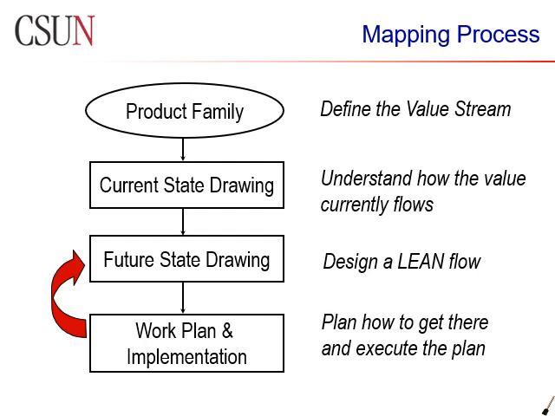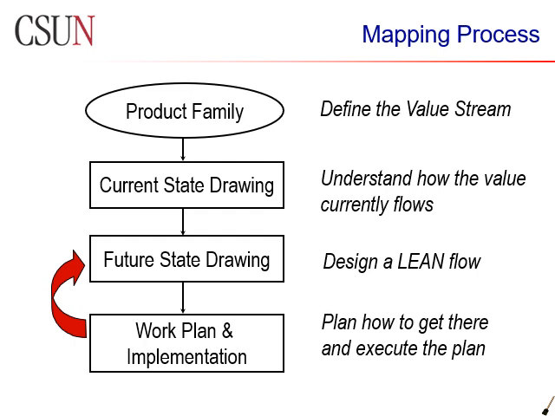So how do we do the value stream map and how do we improve that? In order to know what we do, first we need to construct a product family. The meaning of a product family: imagine, or let's say that we have 100,000 products.